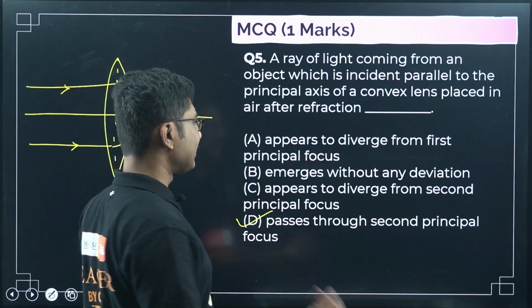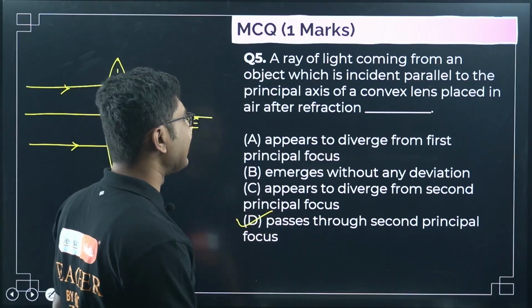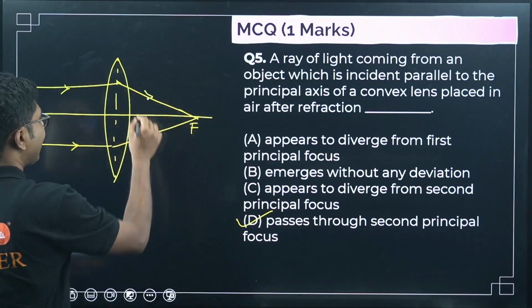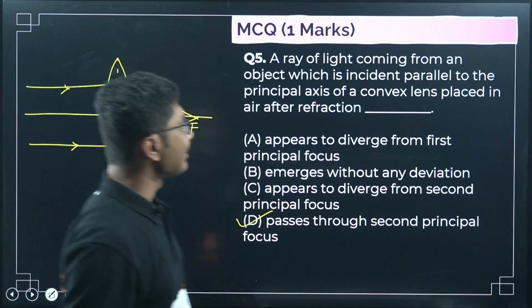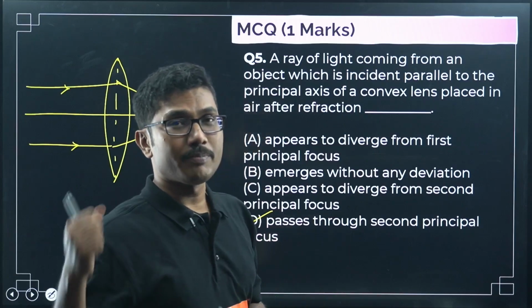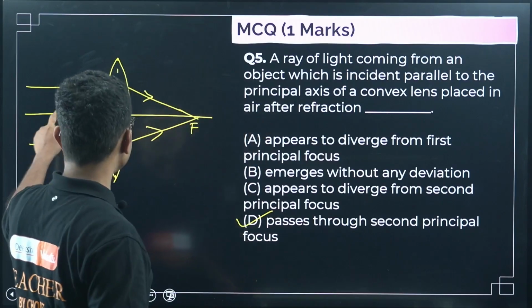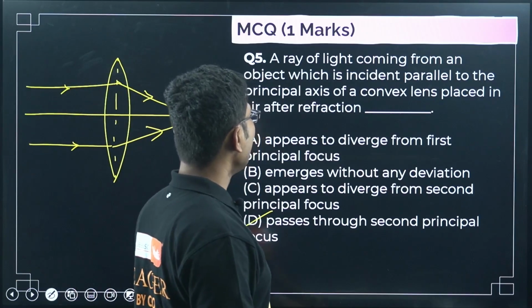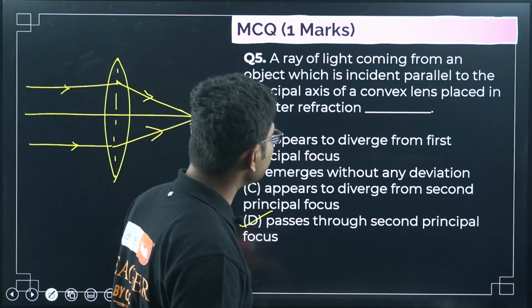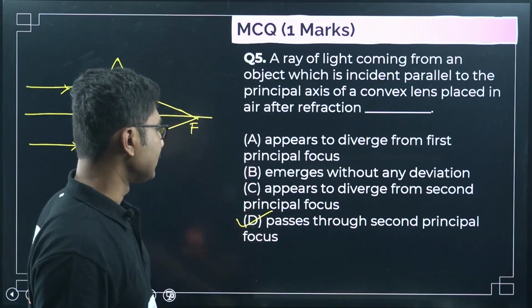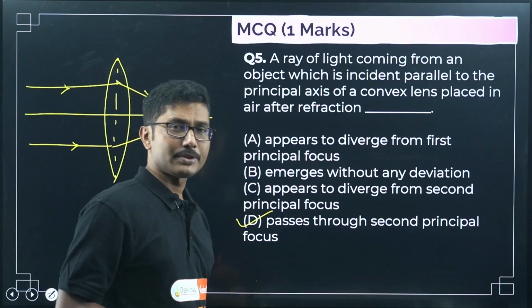So first focus, second focus, these are not exactly there in your syllabus, but you should know that when a parallel ray of light falls on a convex lens. If it is a concave lens, then it appears to diverge from the first principal focus. First principal focus is on that side, second principal focus is on the right hand side. So a ray of light incident parallel to the principal axis on a convex lens will obviously converge. So it passes through the second principal focus.